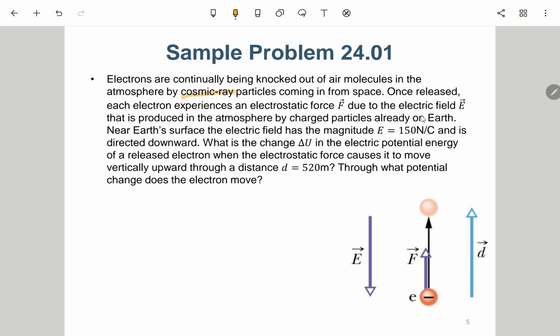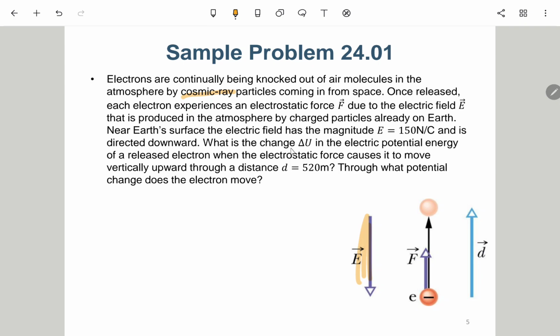Once released, each electron experiences an electrostatic force due to the electric field that is produced in the atmosphere by charged particles already on Earth. Near Earth's surface, the electric field has the magnitude E equals 150 Newton per Coulomb and is directly downwards. Okay, so here we assume there is an E field which is uniform and pointing downward with this magnitude.